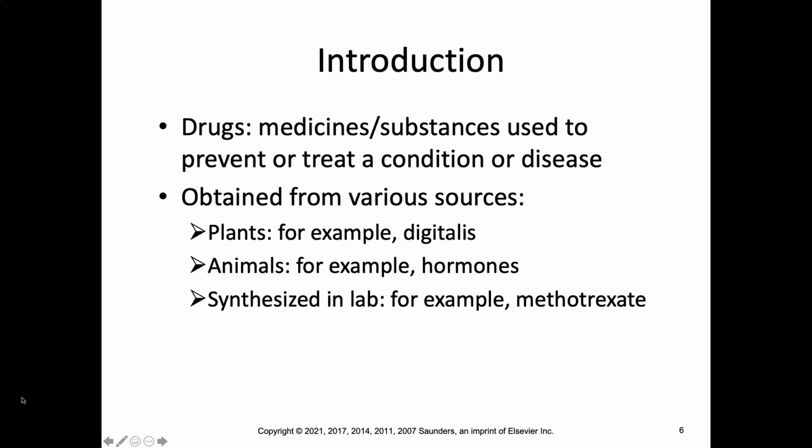So that's one of the ways that they've done that. When we were talking about the endocrine chapter, we talked about hormones. And animals have often been used to generate or create hormones that can then be used in humans in some cases. And then, of course, there are lab-created medications.